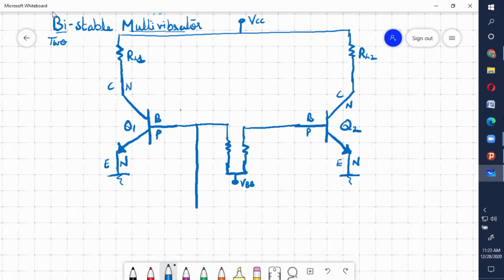In order to apply some base voltage, we have input trigger 1, and similarly for the base of this one.